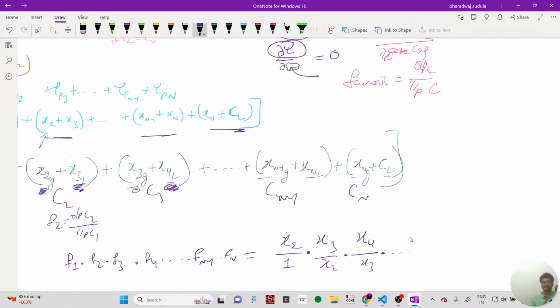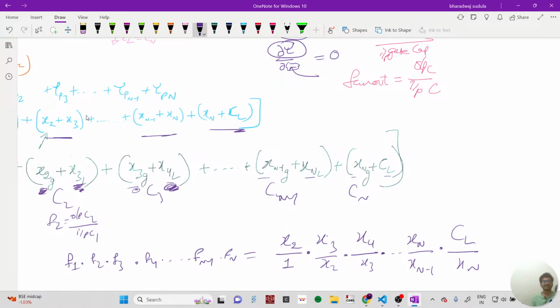N minus 1 gate load cap is xn, input is xn minus 1. This is actually CL, load cap, CL by xn. So this is the beauty.